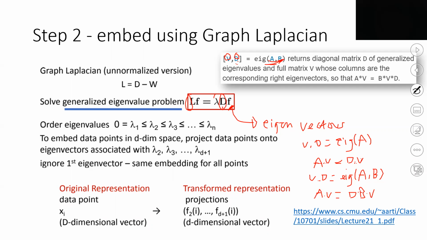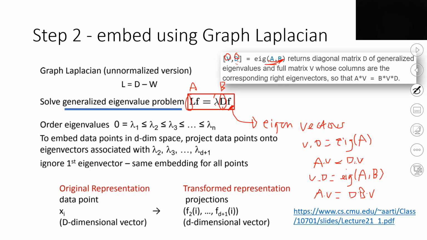Here we have to follow this: this is A, and this is B. Your two inputs give you V, which becomes F, and D, which becomes lambda.